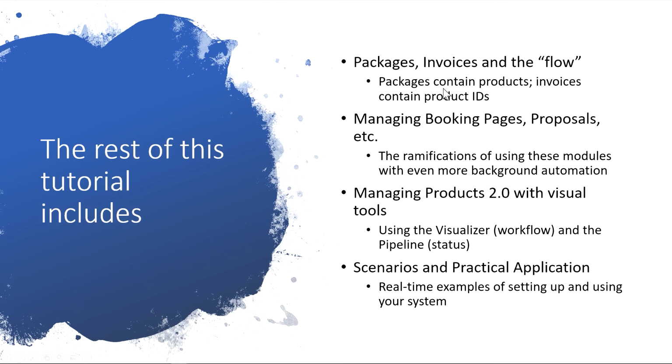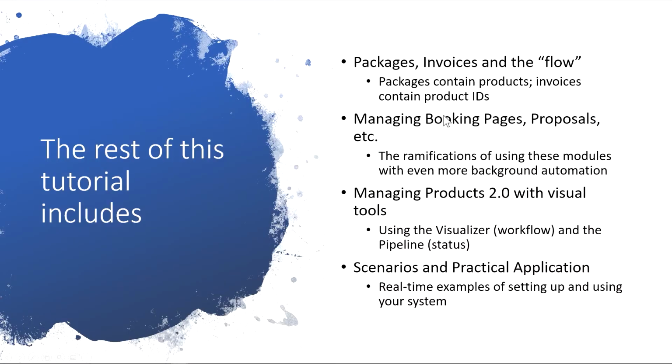The reason that is important is because packages do contain products, right? And invoices contain product IDs. And there are a lot of other areas in Pixifi where these product workflows and product statuses can begin. So you can have them in booking pages, for example, and proposals and add-ons and services. The ramifications of using these modules come with even more background automation.